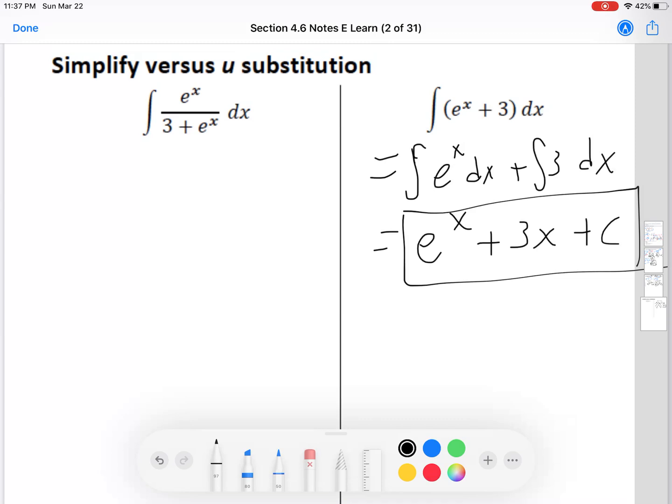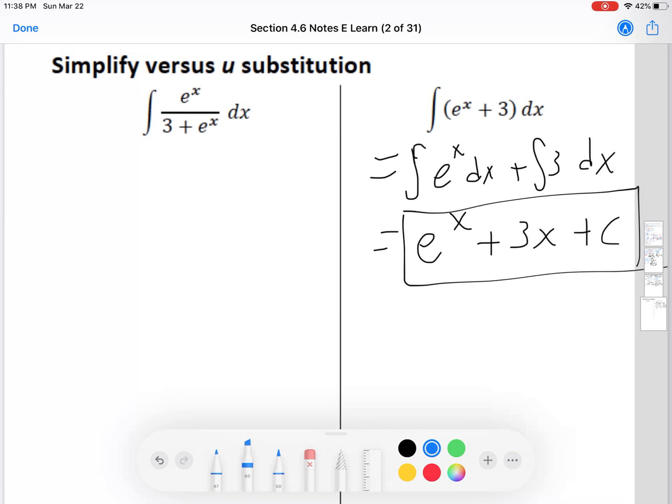Now, you can see side by side, the other one does need a u substitution because you've got a denominator, numerator type of setup, and you've got an e. So we'd want to think about what our best guess would be for the u.